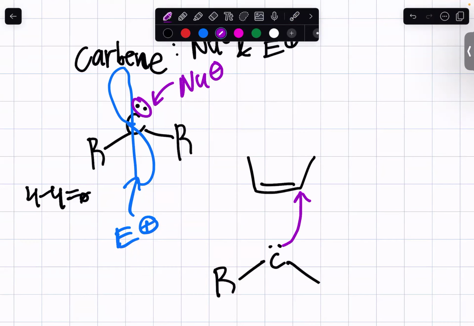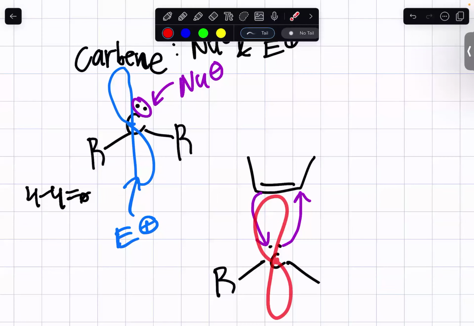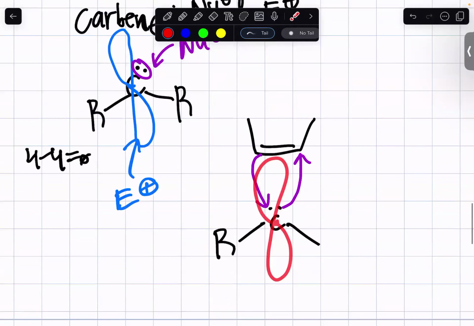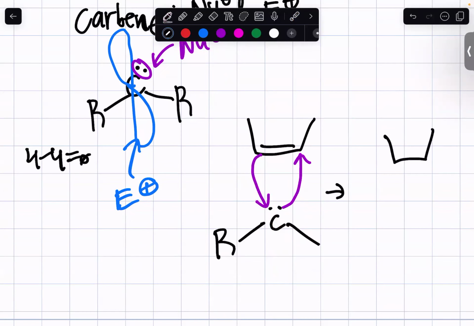As that happens, the other side of the alkene is going to attack the empty p orbital of the carbon because it's missing 2 electrons at the same time. When that happens, we are going to form a cyclopropane, a 3-membered ring like that.